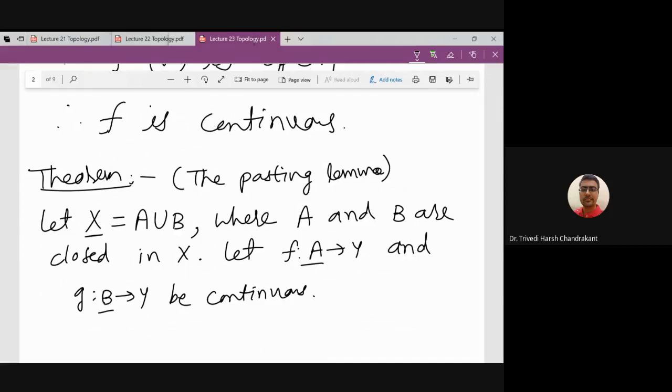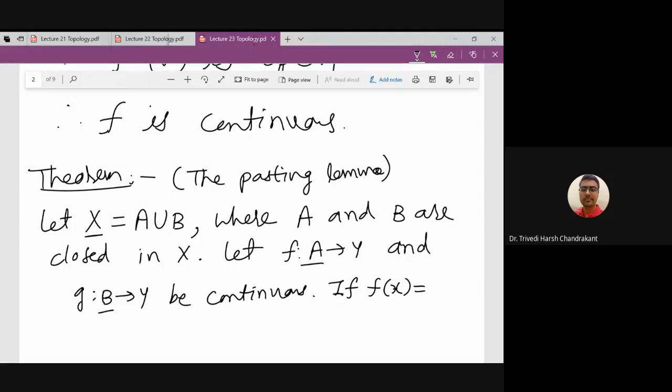So the question is, can I combine this F and G and get a function which is continuous on X? So that is this lemma. It says that under a certain hypothesis this is true, we can extend. What is the condition?